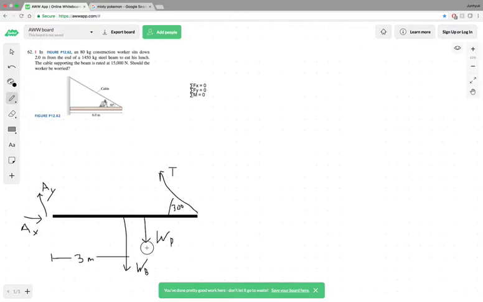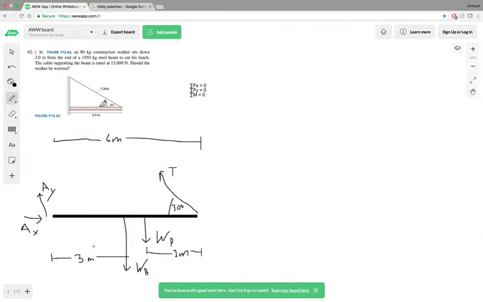And the person is 2 meters from this end. And last but not least, we know that this is indeed 6 meters.